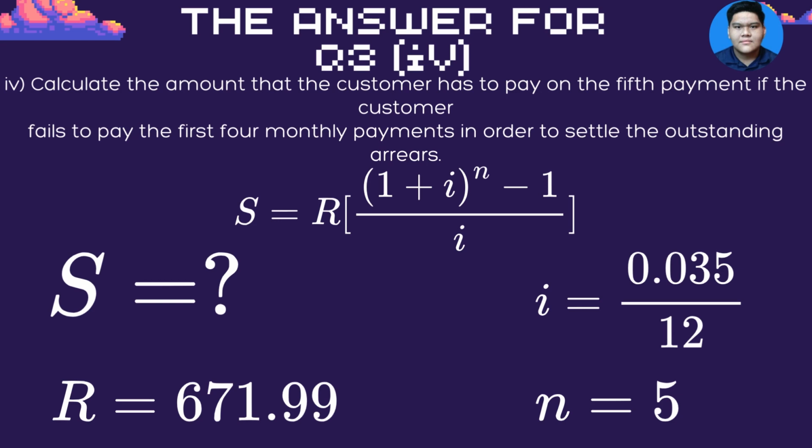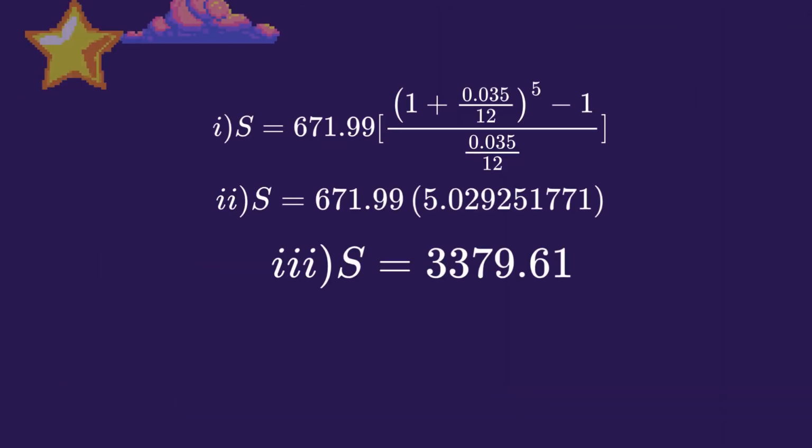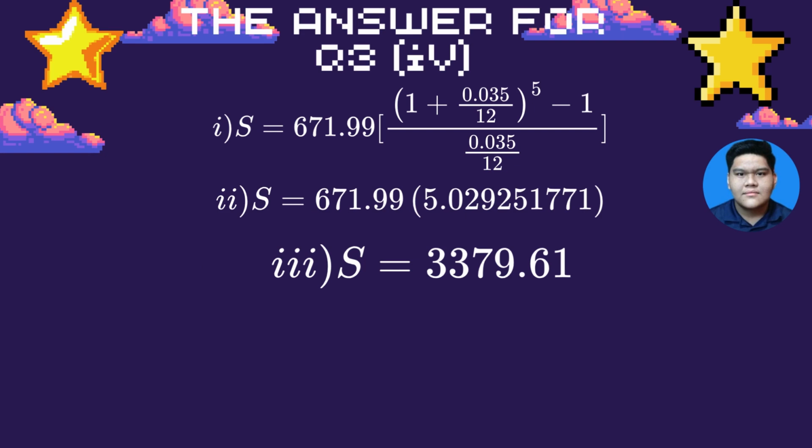The answer for question 3, fourth element, calculate the amount that the customer has to pay on the fifth payment if the customer fails to pay the first 4 monthly payments in order to settle the outstanding arrears. We're going to use the future value. This is the formula we're going to use. S equals unknown, R equals 671.99, i equals 0.035 over 12, and n equals 5. We take all the information into the formula, like in the first one.